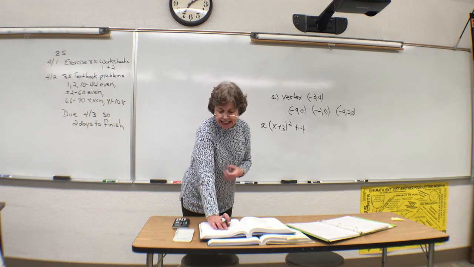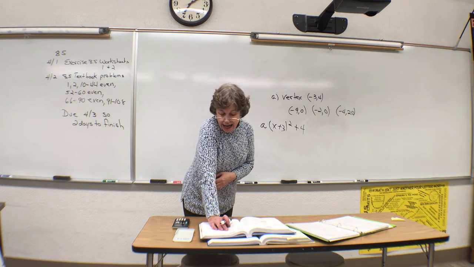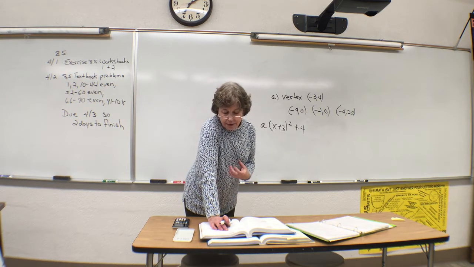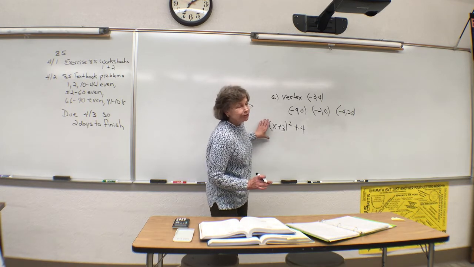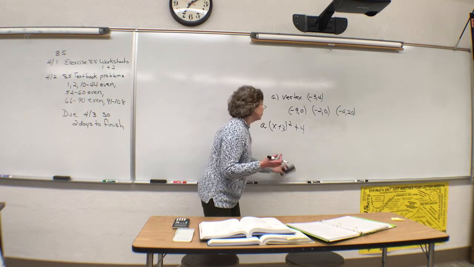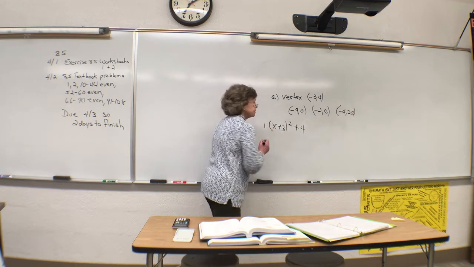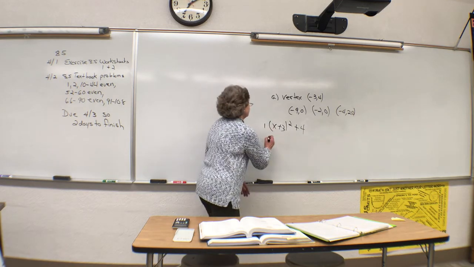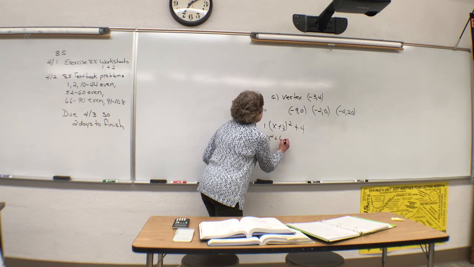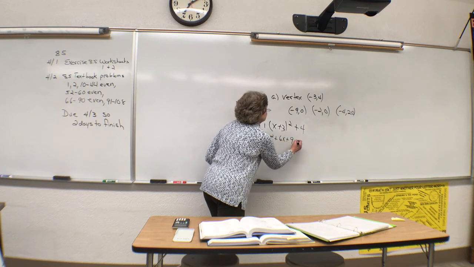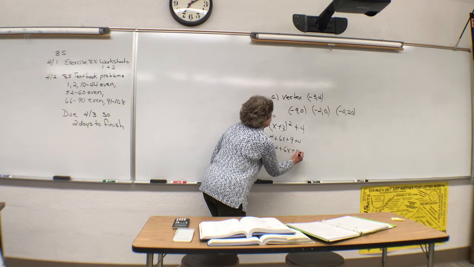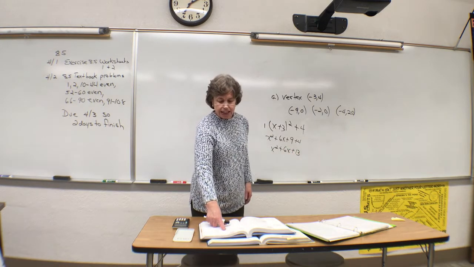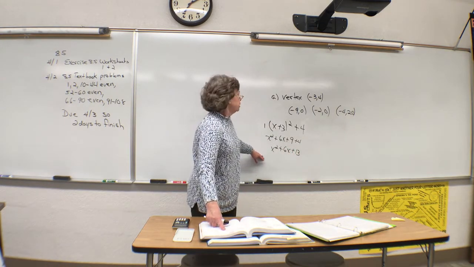They left the a and they substituted a for 1. That was just to make it easier. Technically, you've got some work to do to find this, but following this example, they left that equal to 1, and we're going to square this, so you have x squared plus 6x plus 9 plus 4, so x squared plus 6x plus 13 would be that equation in standard form.